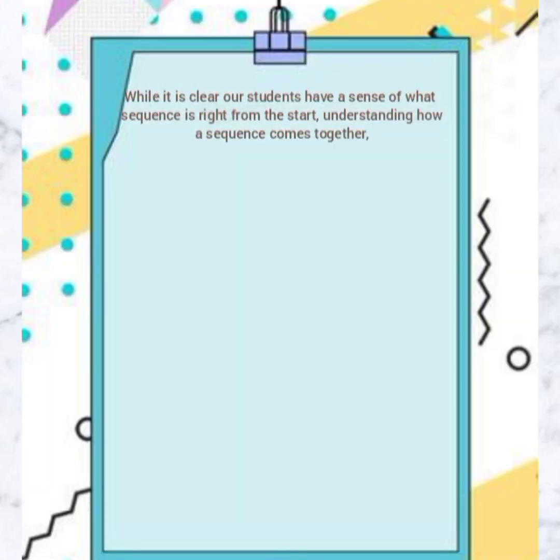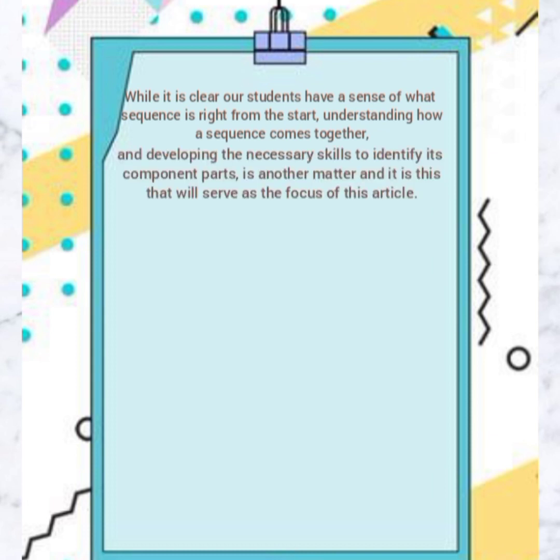While it is clear our students have a sense of what sequence is right from the start, understanding how a sequence comes together and developing the necessary skills to identify its component parts is another matter, and it is this that will serve as the focus of this article.